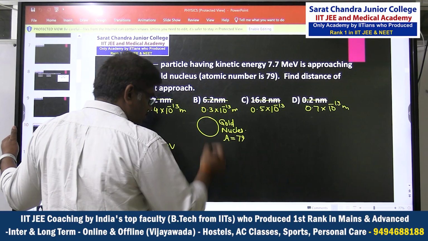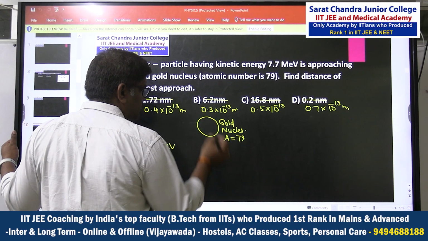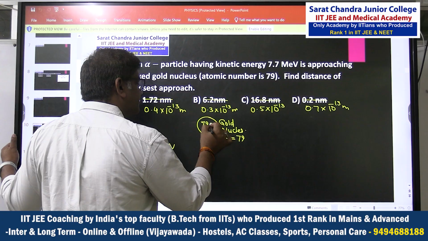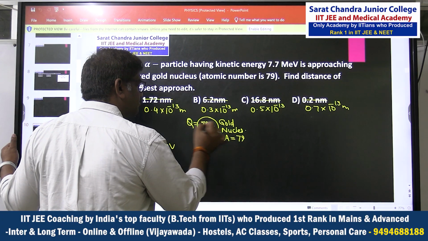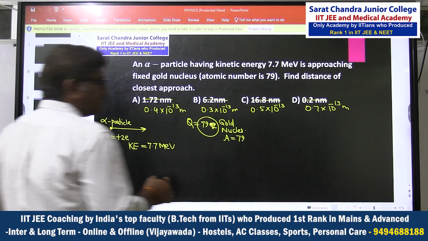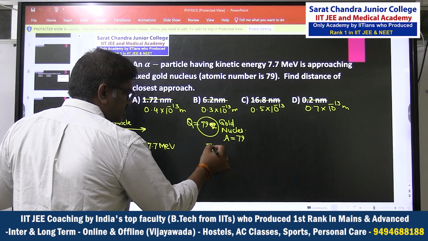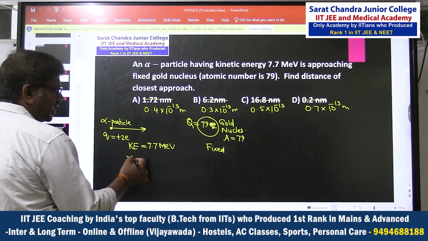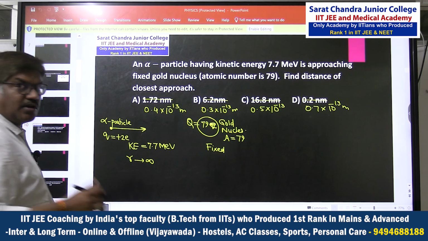So the charge on this will be 79 into e. That is the charge it is having. This is your capital Q. Nucleus is considered to be fixed. Now when it is projected from a very large distance, they are asking the closest one.